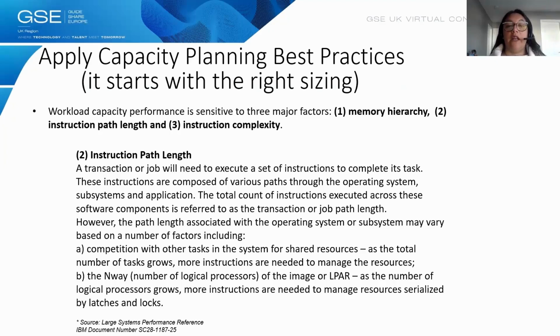So what does it have to do with optimization or capacity planning? Imagine that you are in a system that is busy or stressed, running at 100%, with all tasks competing for resources. Those operating system or subsystem executions will be higher, right?